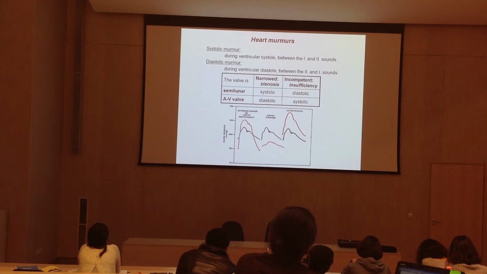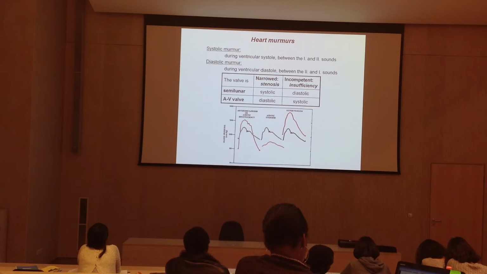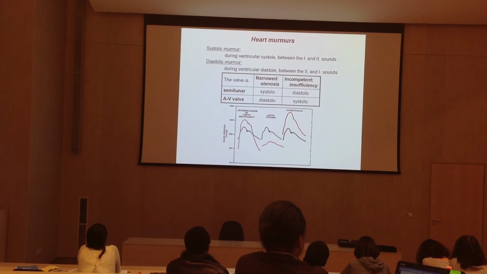Now, the ejection of 70 milliliters requires 2 times higher work than the ejection of 35. Therefore, if the aortic stenosis is strong enough, to maintain the cardiac output the heart has to do 2 times larger work.